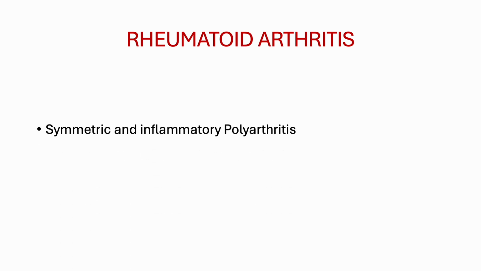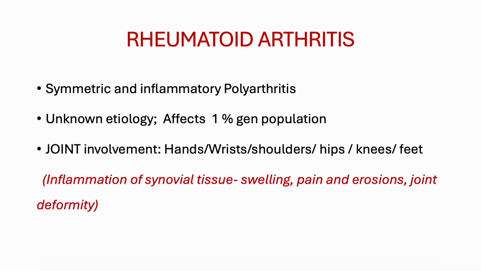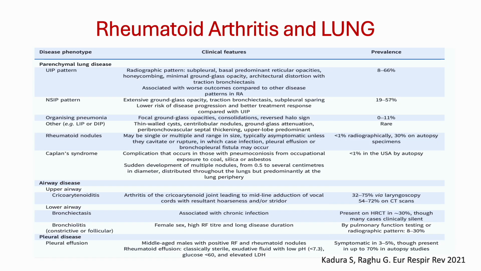And other than that, as we know, it will involve mostly the joints as polyarthritis and will lead to synovial tissue involvement with joint erosions and swelling. Now, a lot of times, lung involvement precedes the articular involvement. In fact, up to 14% patients may have lung involvement up to 5 years before the joint involvement or joint pain starts.